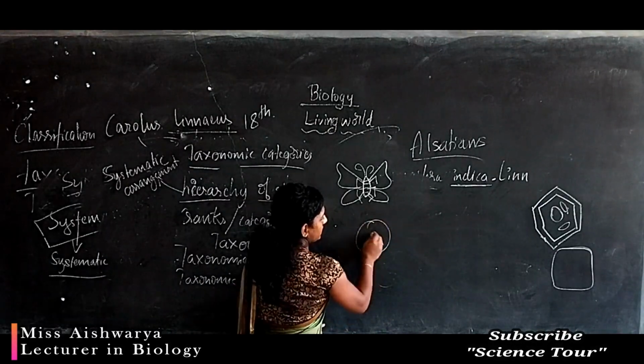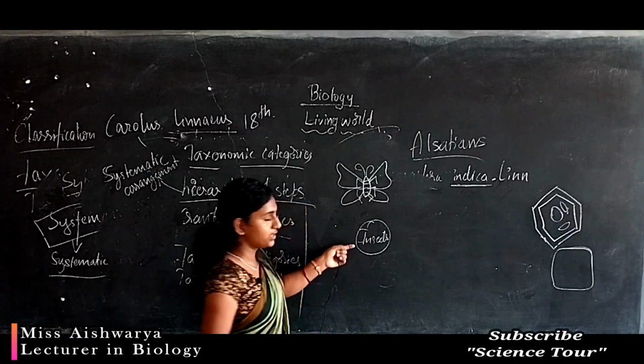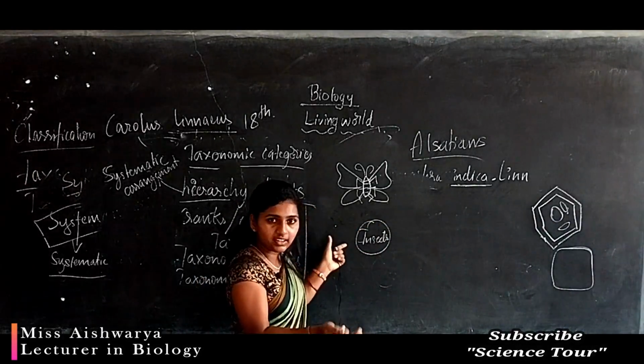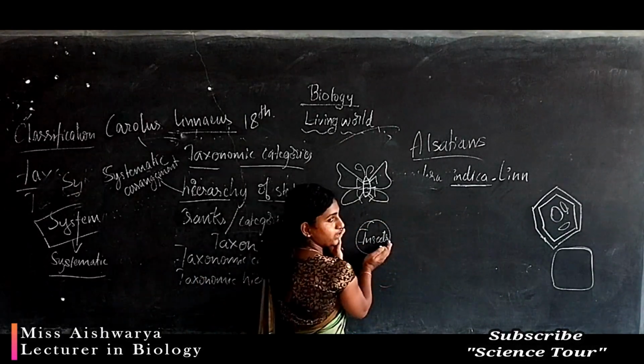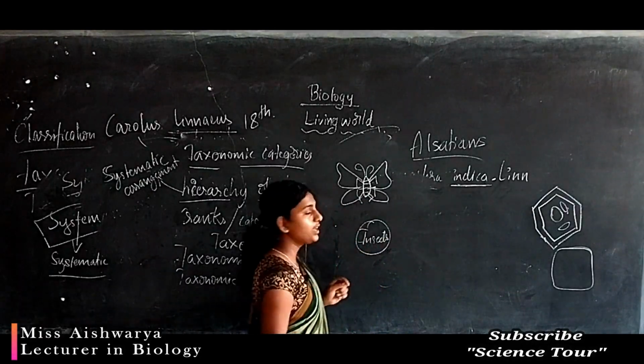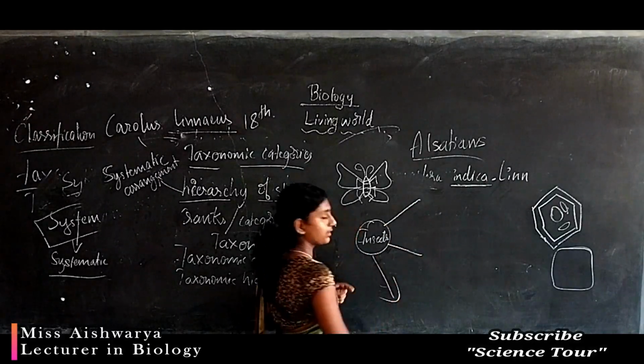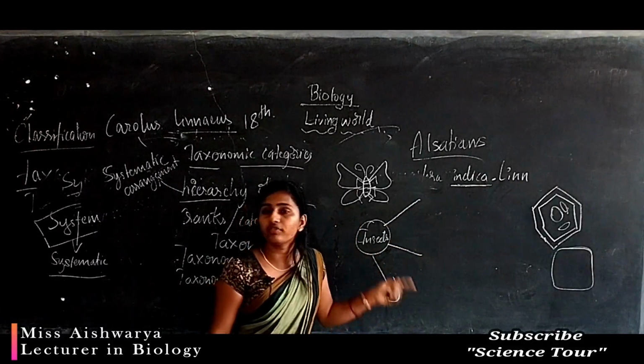So here this is the group insects. We categorized all the insects into one group or one category, or taxonomic category. It may be classified into different types of insects.